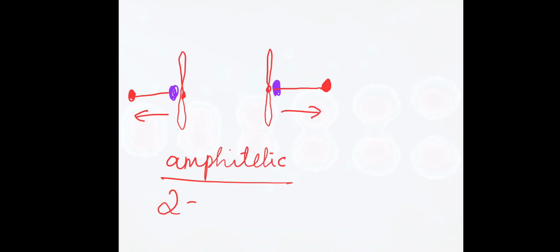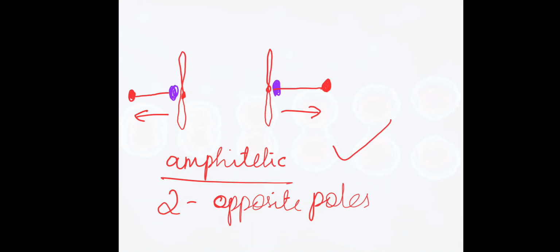Remember, amphitelic means two opposite poles. So is this attachment correct? Yes, this attachment is perfect. So the kinetochore distinguishes this correct amphitelic attachment, where sister kinetochores are anchored to microtubules from opposite poles.